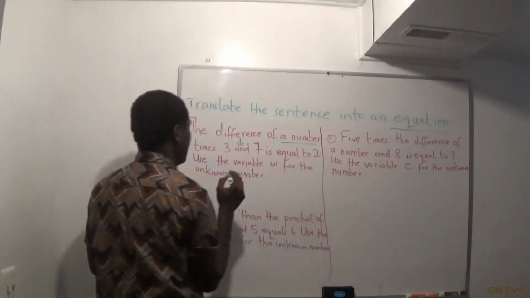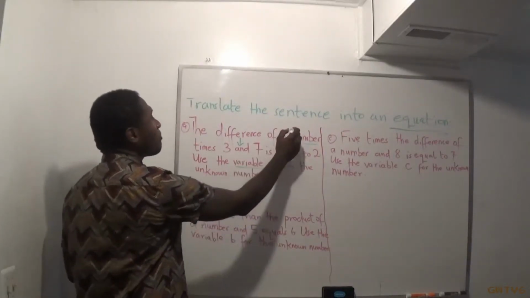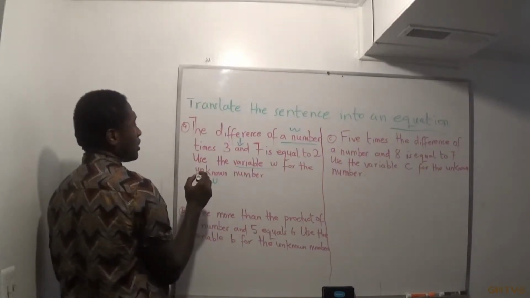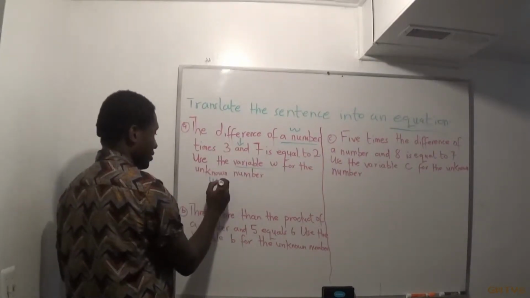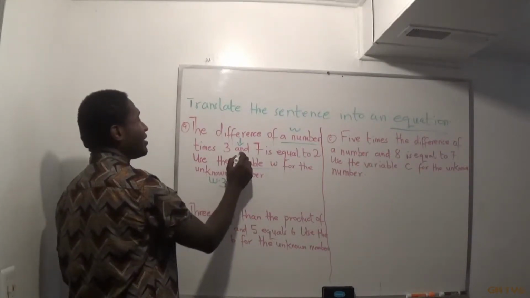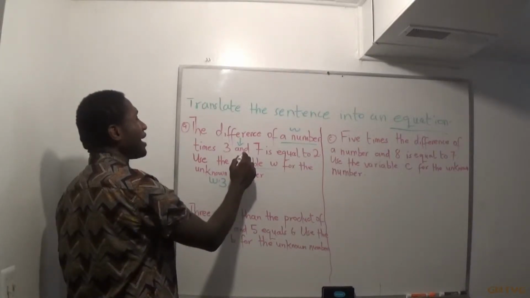A number, and I'm using the variable w for that number. So a number, which is w, so I will start with w. So a number times 3. So times 3. And I'm replacing the difference with the "and". Difference means minus.